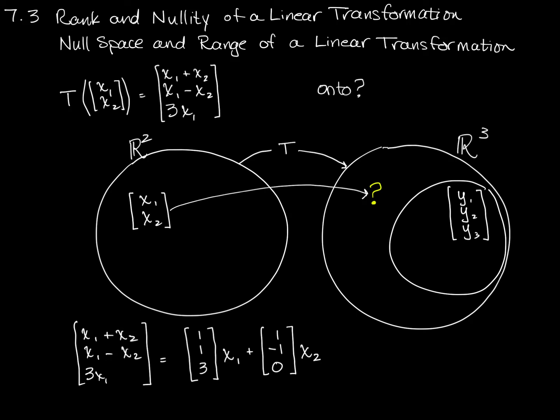But is there a vector out there that does not meet this criteria, but is still a vector in R3? So what I'm really looking for is a counterexample, and let's just see, let's let the vector b in R3 be equal to 1, 2, 3.